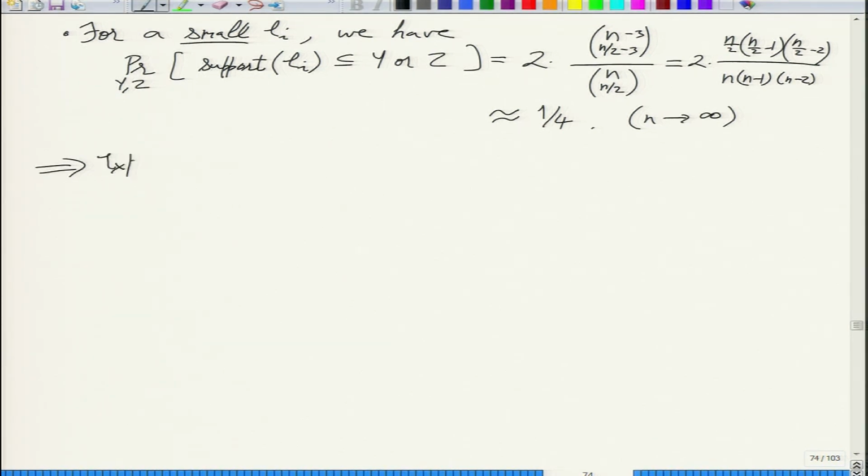So this gives me the expectation. When you pick y randomly, then a small Li is either completely in y or completely in z. That probability comes out to be around 1/4.